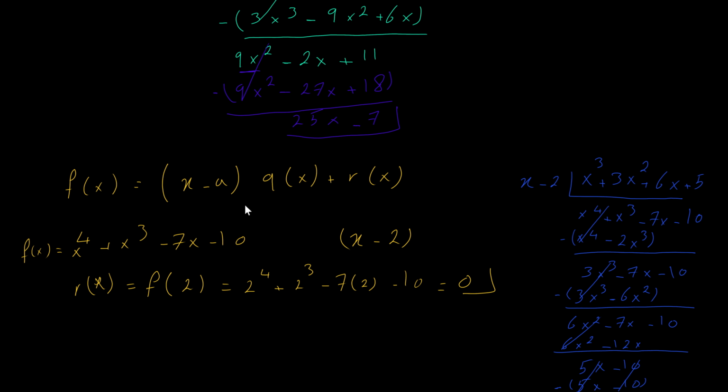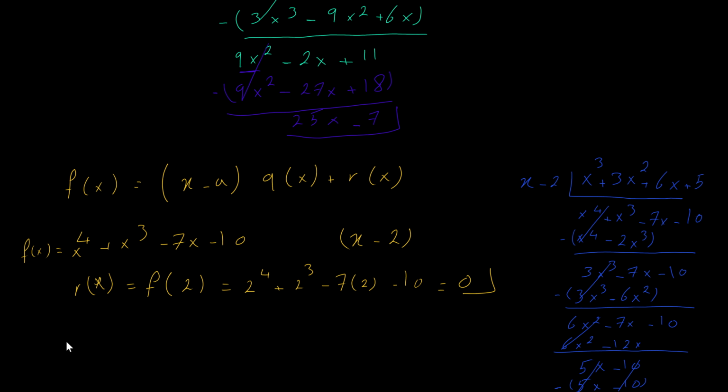So if we know that the remainder is equal to 0, then x minus a is the factor and a is the root of the polynomial.